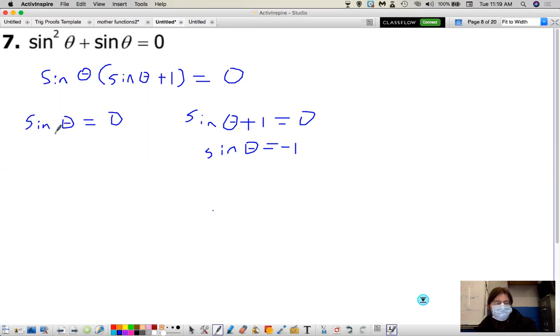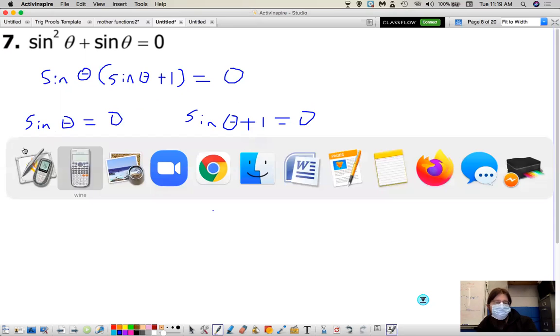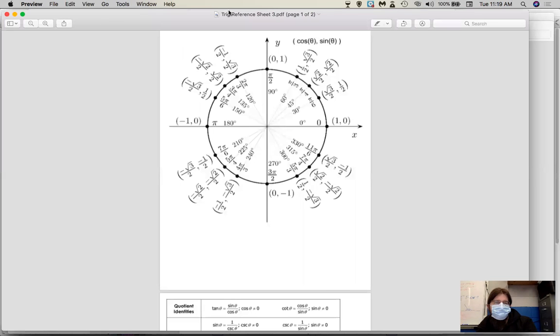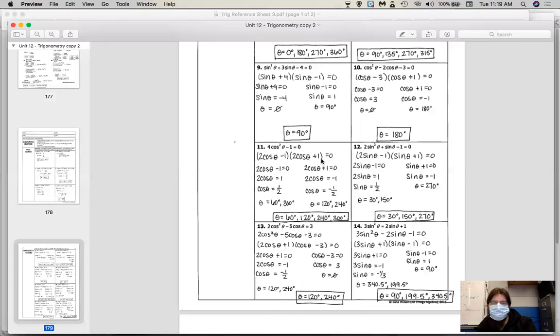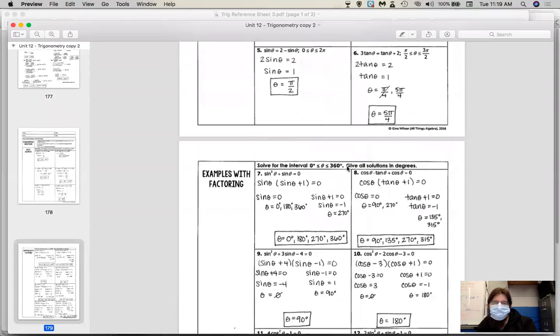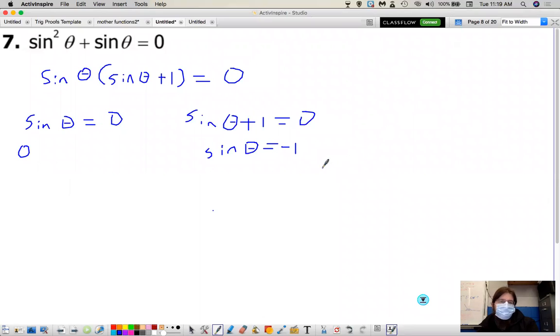So we know sine of theta is equal to 0 at our pi's. Let's go back and look at our directions, then copy them down. So 0 to 360. So 0 degrees, 180 degrees.